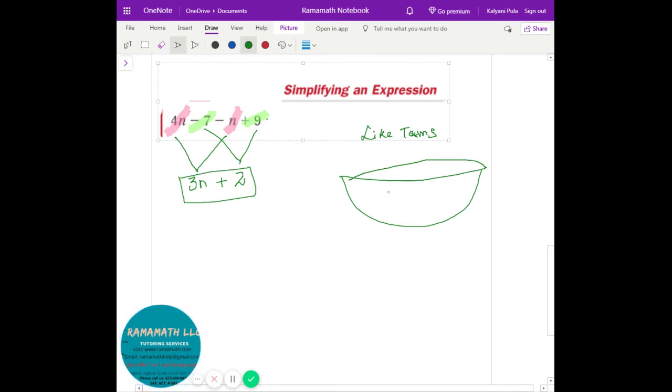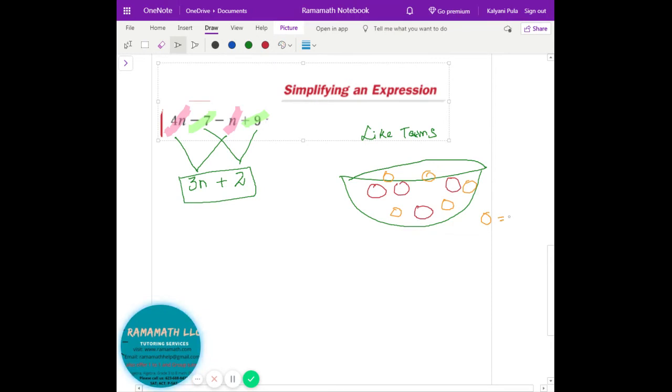Let's think of a basket. In this basket, I have some apples and some oranges. Let's say oranges are O. You can't add apples with oranges.